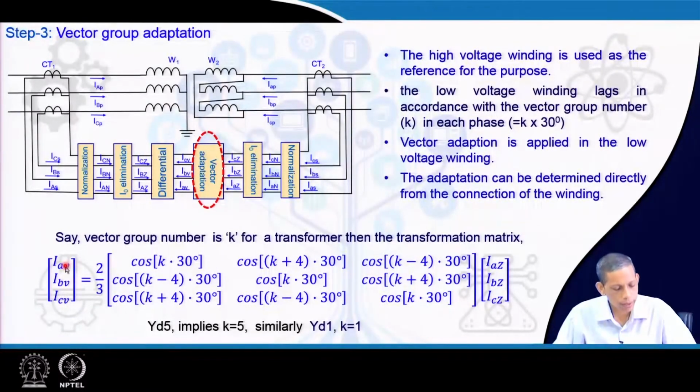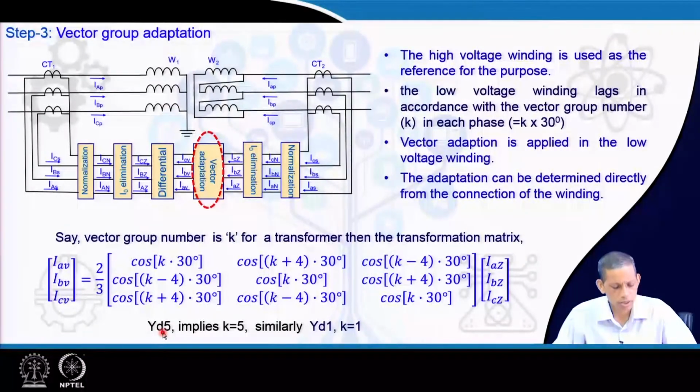So, IAV, IBV and ICV are the currents after vector group adaptation, and IAZ, IBZ, ICZ are the currents after zero sequence elimination. From these currents we go to those currents using the transformation matrix, in which we have 2/3 of cos k 30, where k stands for the vector group number.